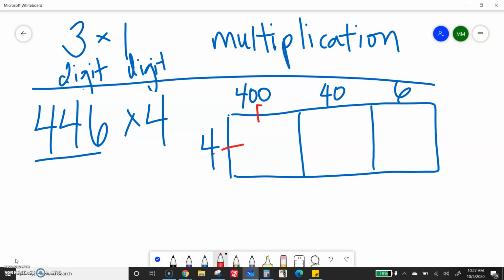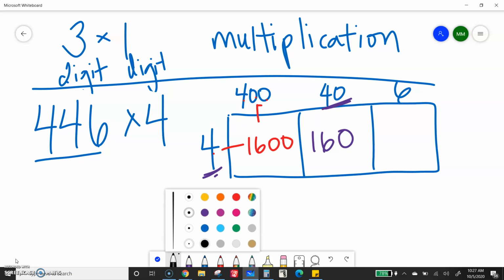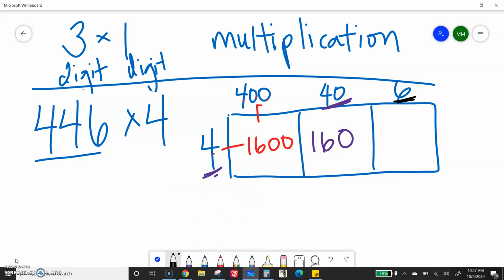So 4 times 4 is 16, and then I have my 2 zeros. Here I have 40 times 4, so 4 times 4 is 16 with 1 zero, sort of using the patterns we had yesterday, or the last lesson. And then this one is 6 times 4 in this box over here, which is 24.